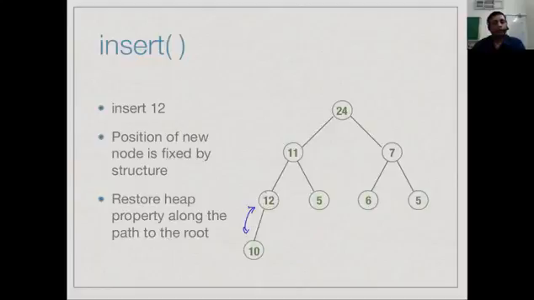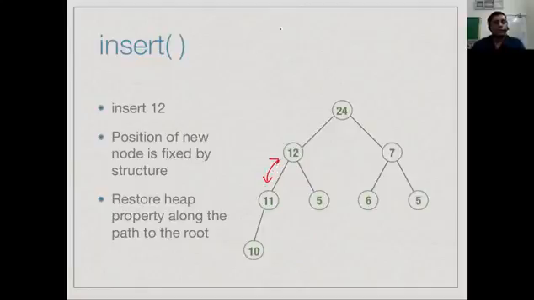But now I've changed the value at this point, so I have to look at this configuration to see whether what I moved the 12 into violates the heap property or not. And here again you can see that there is a problem because 12 is still bigger than its parent. So then I exchange that, so now I've exchanged this.